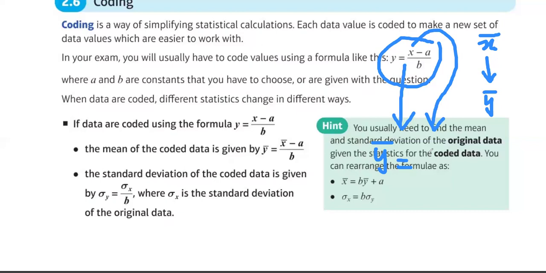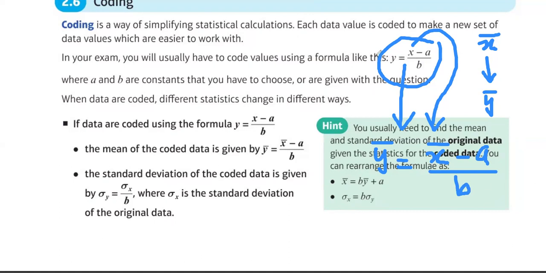It is an important thing. X convert to x bar, but minus A and B also we want to write like this.